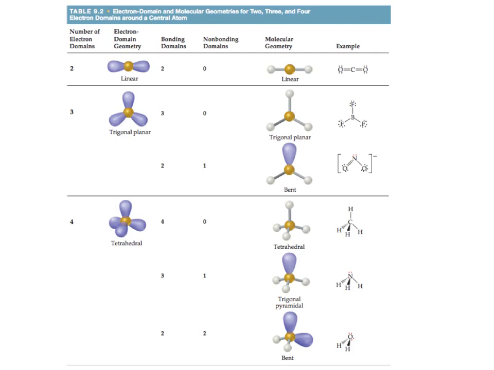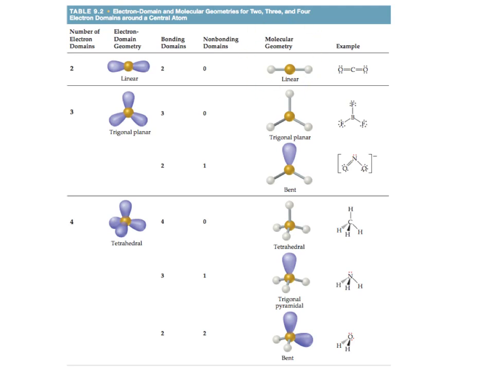Now, this leads us to something called electron domain geometry. When we're just counting up the total number of electron domains, the electron domain geometry is going to tell us the general overall potential shape. Now, when we get to molecular geometry, we have to start considering non-bonding domains. Typically when questions are asking you for the shape of the molecule, they're asking for molecular geometry.